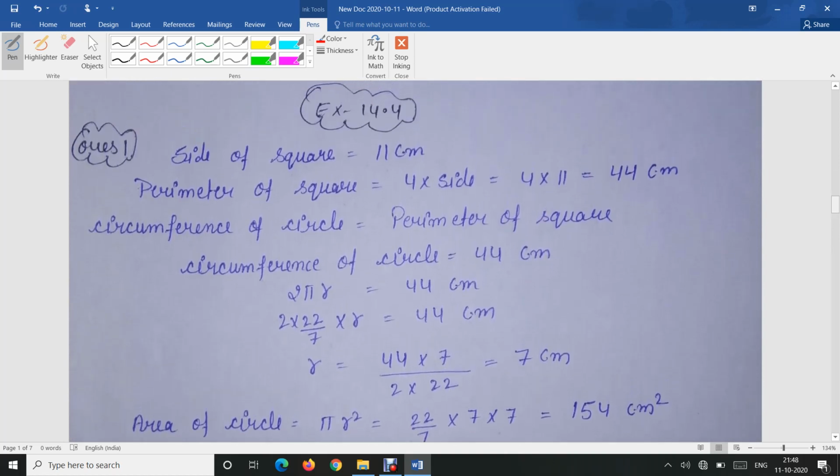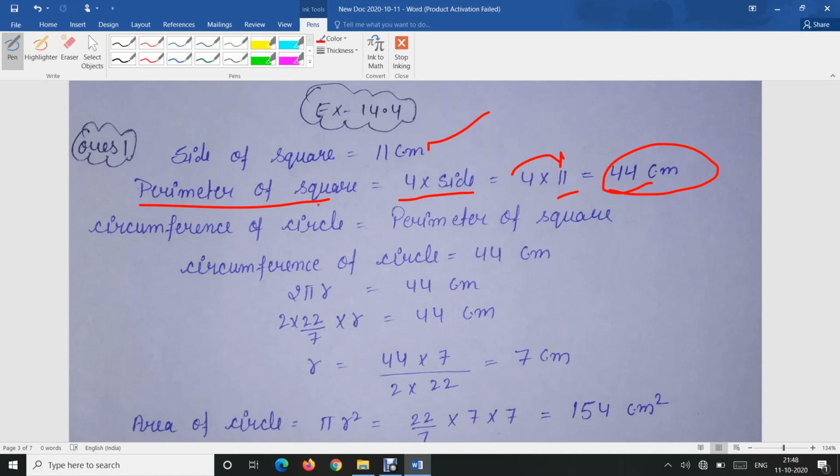Side of a square is given, that is 11 centimeter. From here you can find out the perimeter of square, which is equal to 4 multiplied by side, so 4 multiplied by 11 is 44 centimeter. It is saying that the perimeter of square is equal to the circumference of the circle.